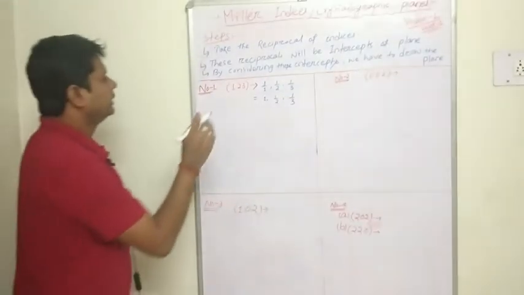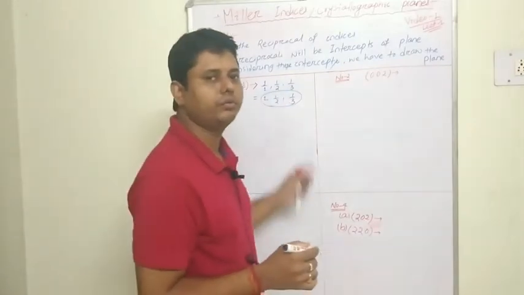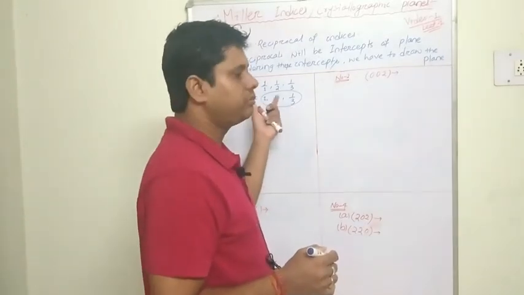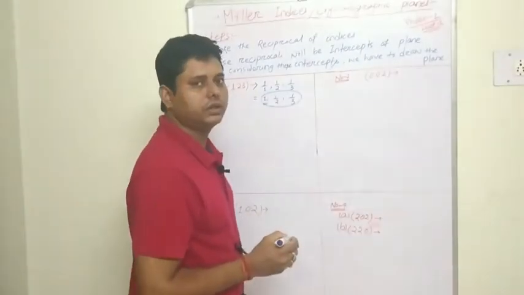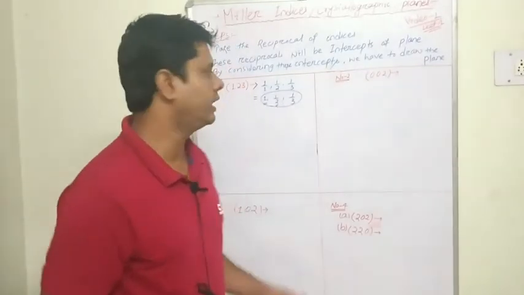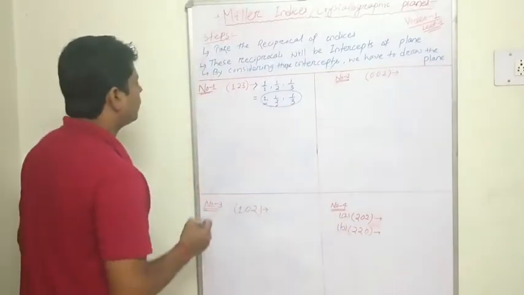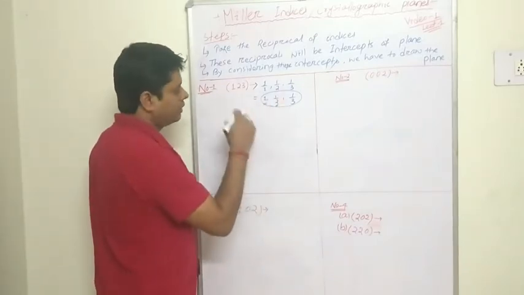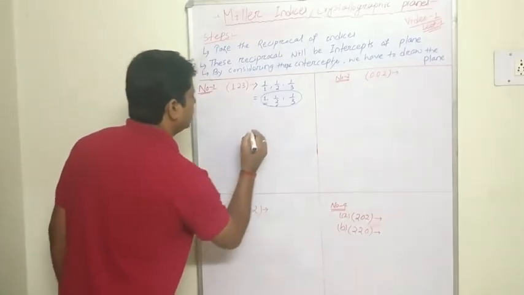Now these are nothing but the intercepts of the plane we want to draw. The plane cuts the x-axis at 1 unit, the y-axis at 1 by 2 unit, and the z-axis at 1 by 3 unit of the unit cell. To draw the plane with the help of these intercepts, first we have to draw a unit cell.